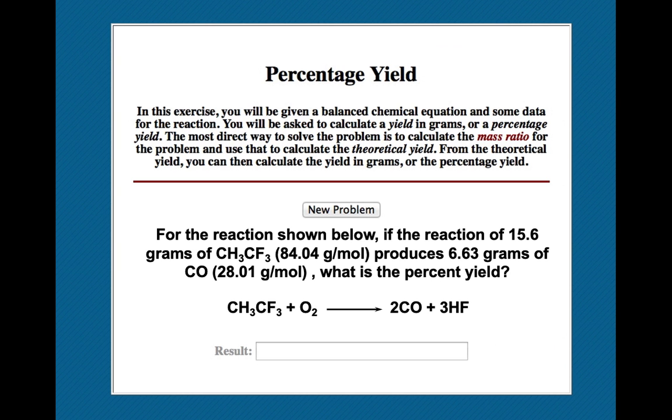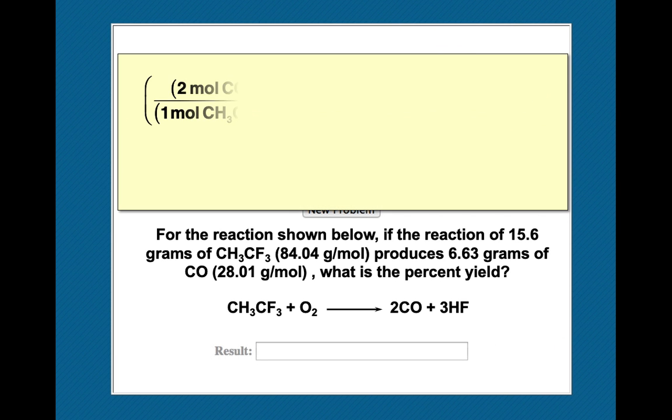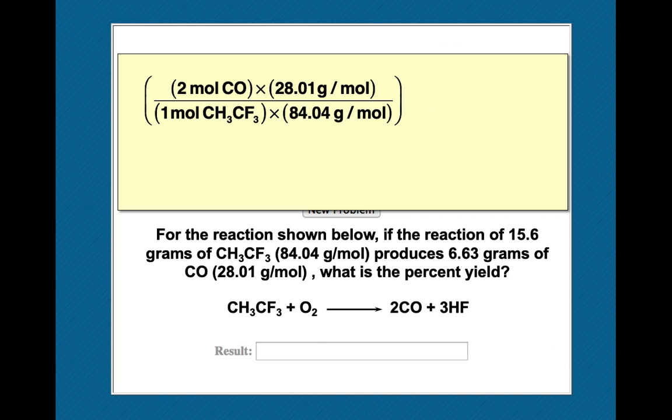So let's just do it quickly. 1 mole of trifluoroethane gives 2 moles of carbon monoxide. We'll do a mass ratio for the given in the denominator. Calculate the theoretical yield. Here's our mass ratio. 2 times 28, 1 times 84. 56 grams of CO for 84 grams of trifluoroethane.